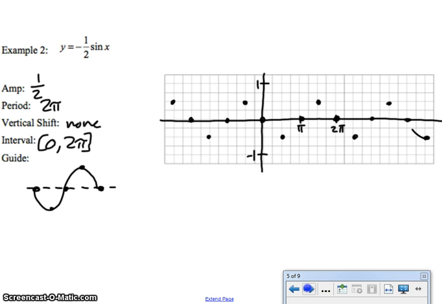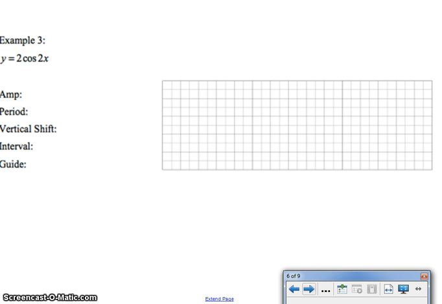All right, and draw in our function. So notice our amplitude is a little smaller this time. It's only 1/2.